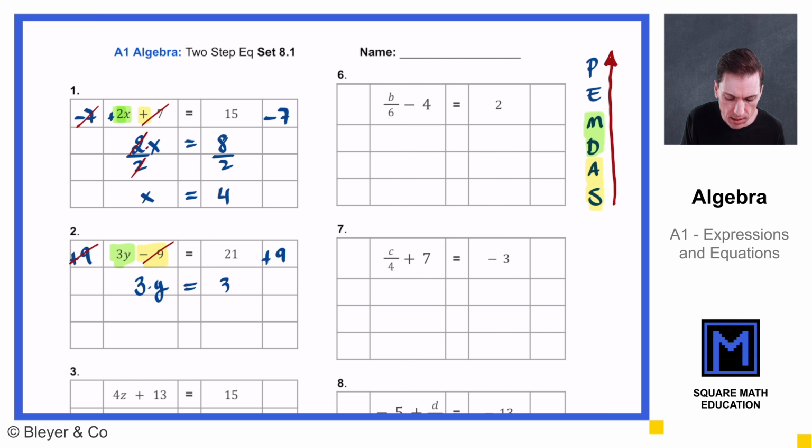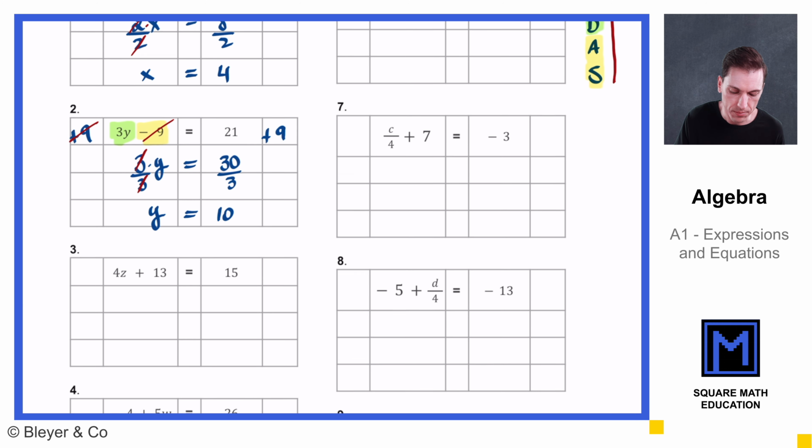And then on the other side, 21 plus 9 makes 30. From two steps, we end up in one step, one operation. Let's undo multiplying by 3 by dividing both sides by 3, the inverse operation. So 3 divided by 3 is 1, so 1y, or just y, and 30 divided by 3 makes 10.